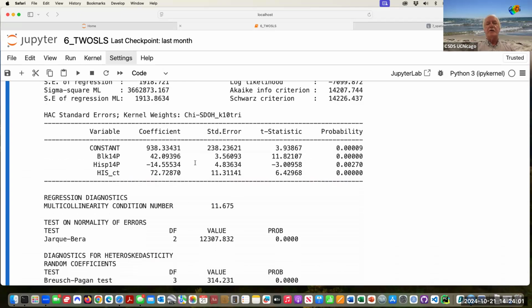An interesting comparison that I like to make is when you go from White standard errors to HAC standard errors. If there is not much difference between the two, that means there isn't a big spatial issue, right? That most of the correction is the correction for heteroscedasticity and not the correction for the spatial part.